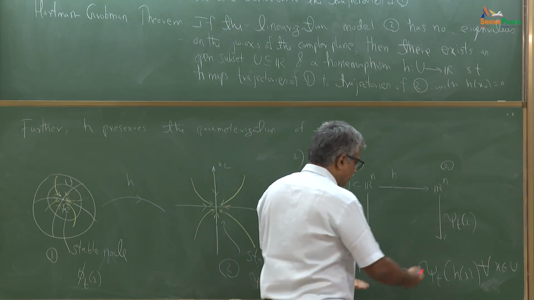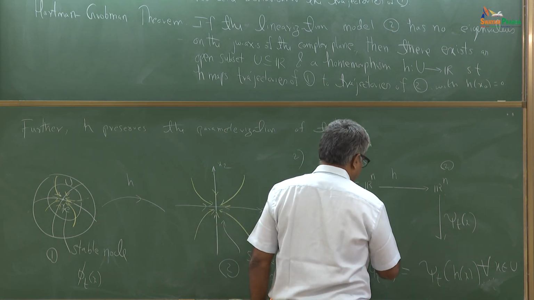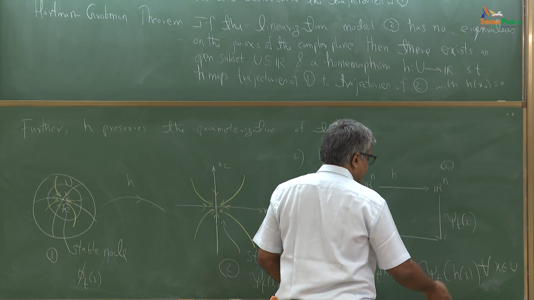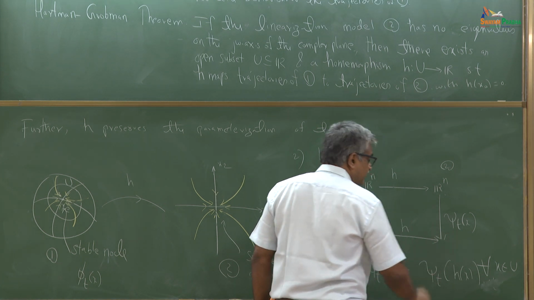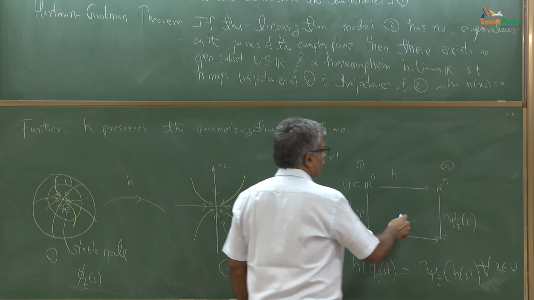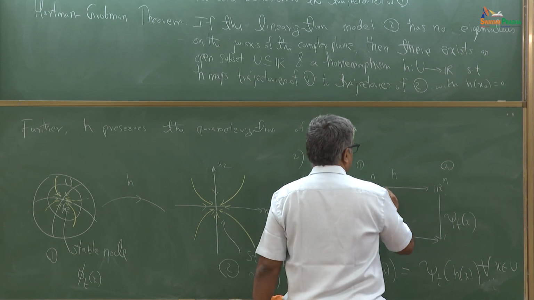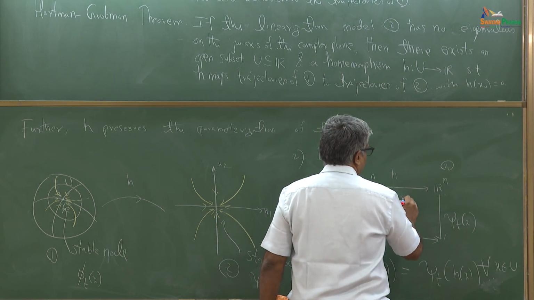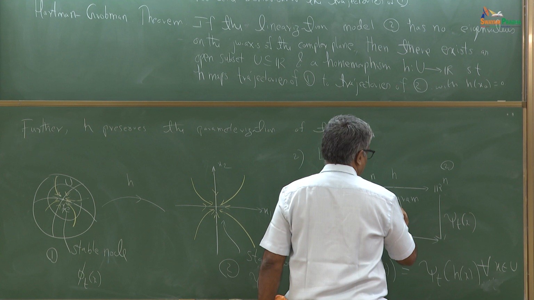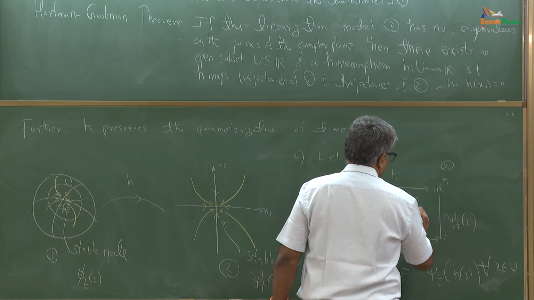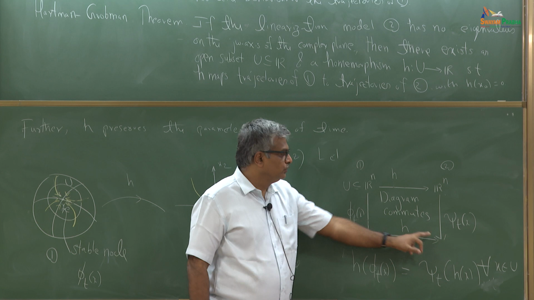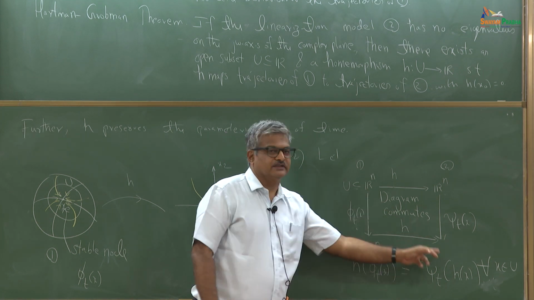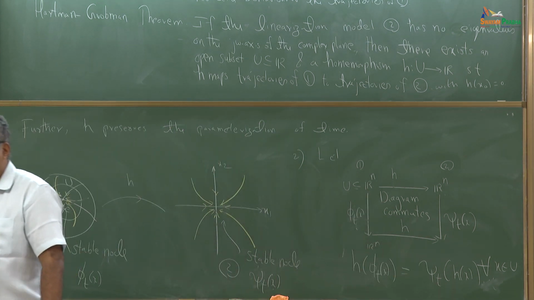So in other words, what this relation says is that this diagram commutes, okay, or this square, or whatever we say, this diagram. So you want to go here, you either go like this or you go like this.